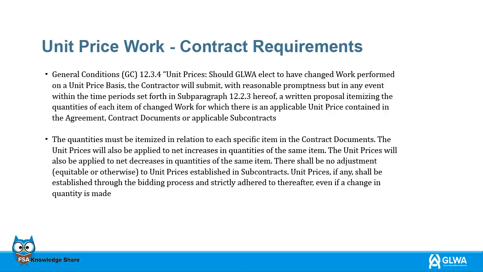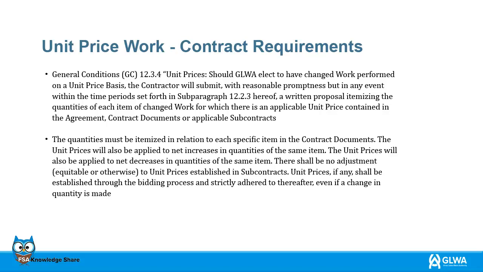Should GLWA elect to have changed work performed on a unit price basis, the contractor will submit, with reasonable promptness but in any event within the time period set forth in subparagraph 12.2.3 hereof, a written proposal itemizing the quantities of each item of changed work for which there is an applicable unit price contained in the agreement, contract documents or applicable subcontracts.